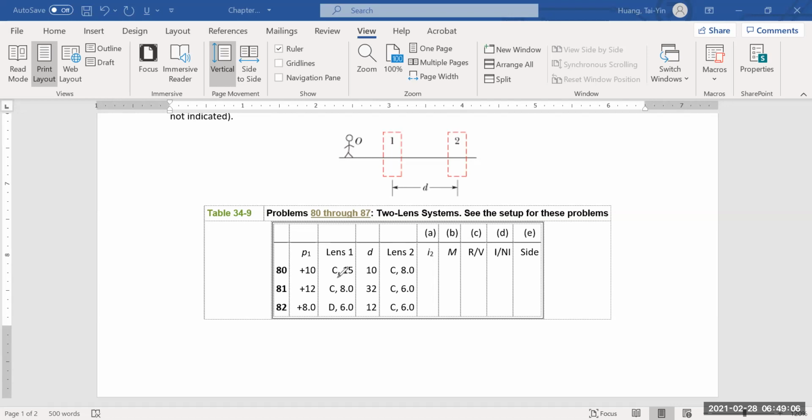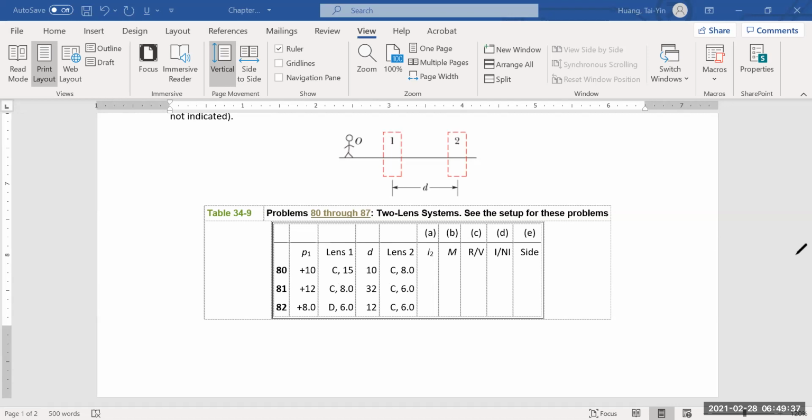C indicates convergent lens, and the separation D is 10 centimeters. Lens 2 is also a convergent lens and has the focal length of 8. Based on this information, you want to find out what the final image is, what the lateral magnification is, whether it's real or virtual, whether it's upright or inverted, and where the final image is located.